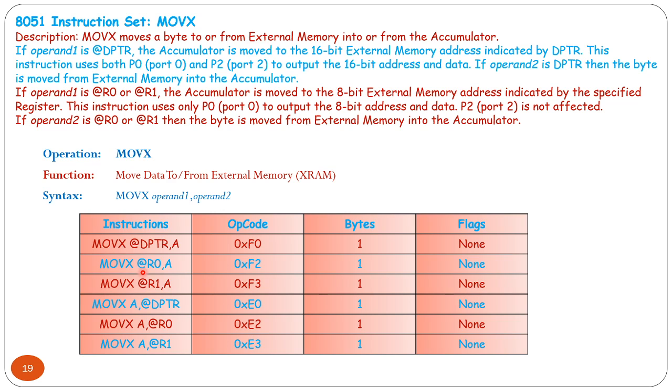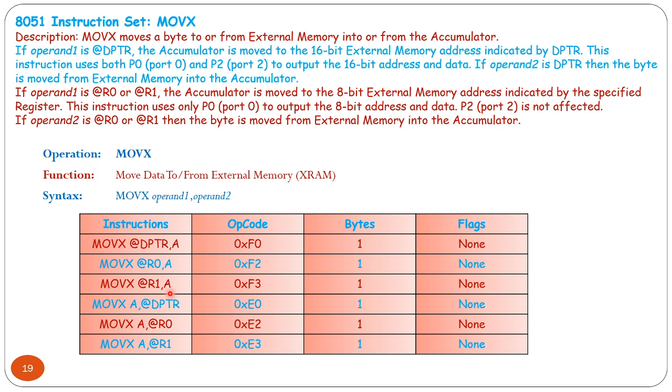MOVX @R0, A. The content of accumulator moves in external memory whose address is given by R0 register. So this is the indirect addressing having the operation code F2H. 1 byte instruction, flags are not affected.